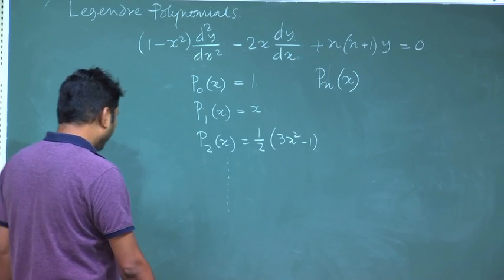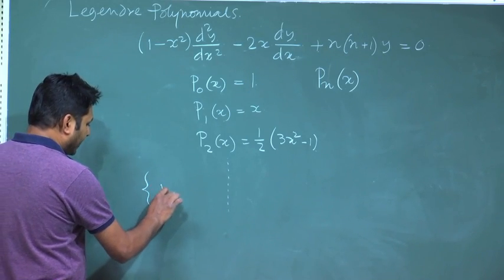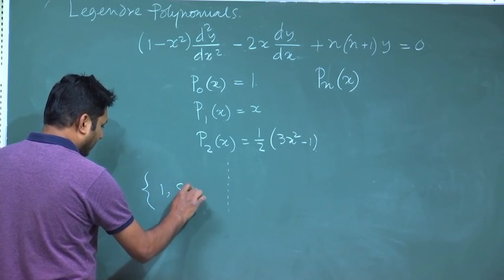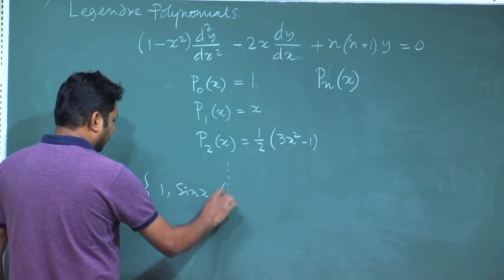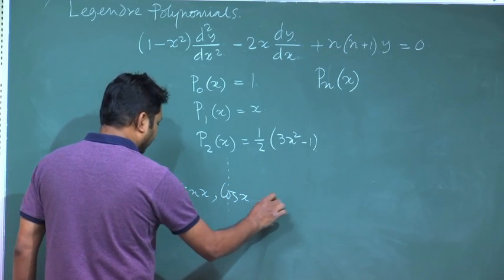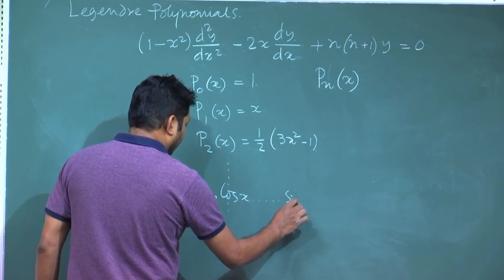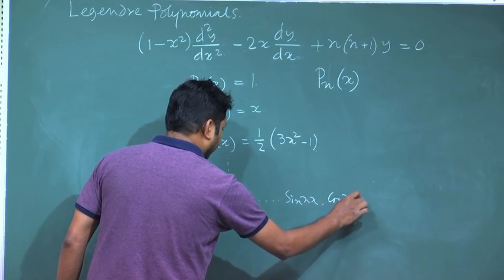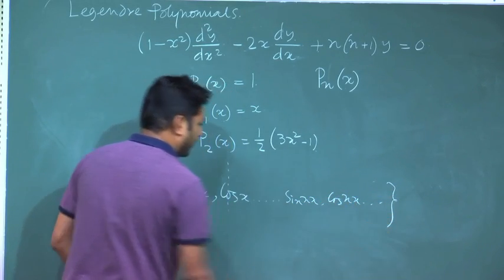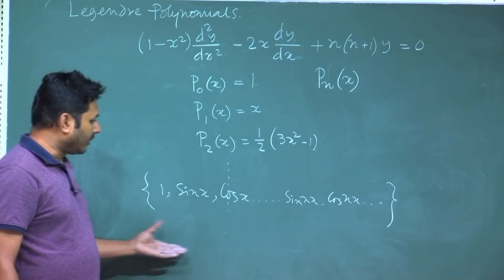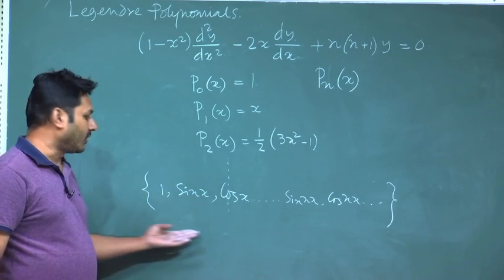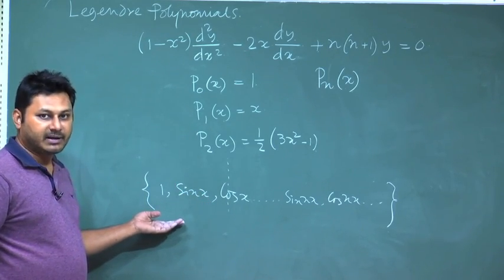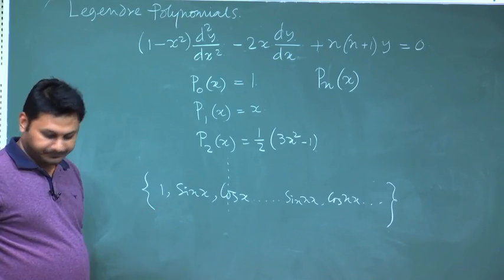If you remember, in the Fourier series, the basis functions were 1, sin x, cos x, sin nx, cos nx, and so on. These formed a basis, and I can expand a function in terms of them.